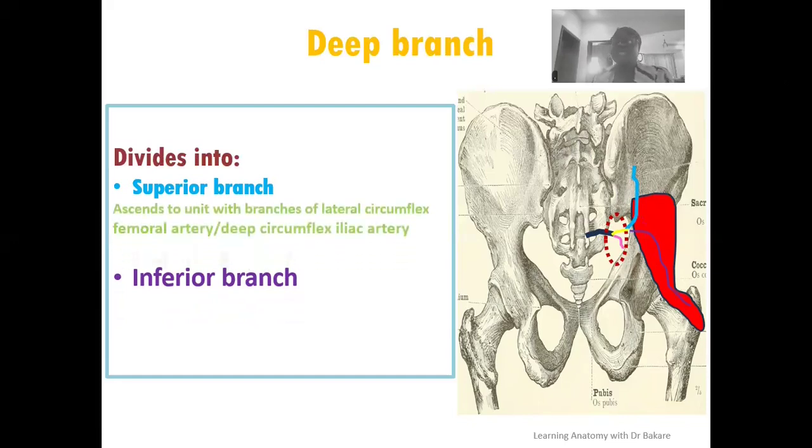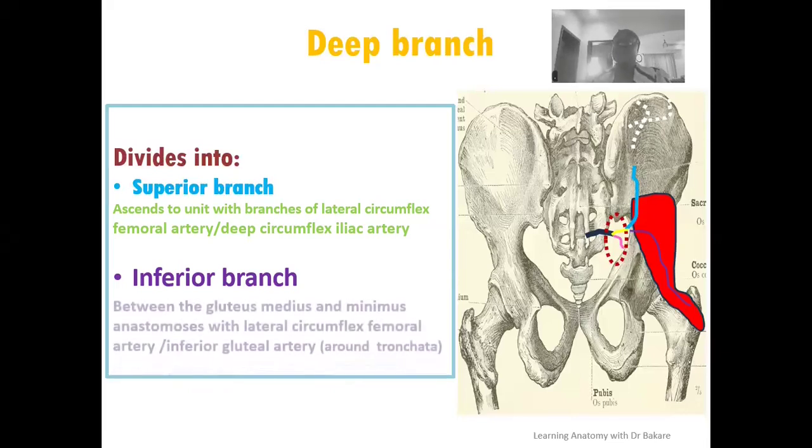The superior branch is seen to ascend upward, and this is where it's seen to form anastomosis with branches from the lateral circumflex femoral artery and also the deep circumflex iliac artery. And this is what is created here at this point, represented here in dotted white.